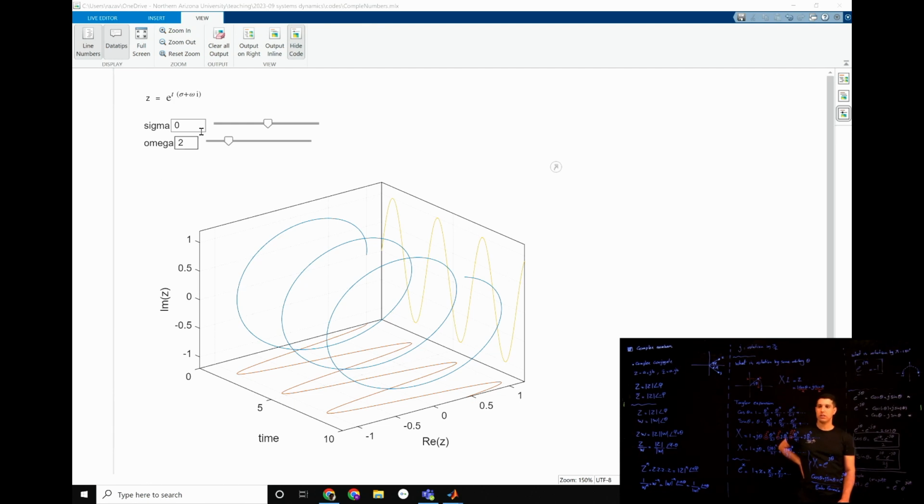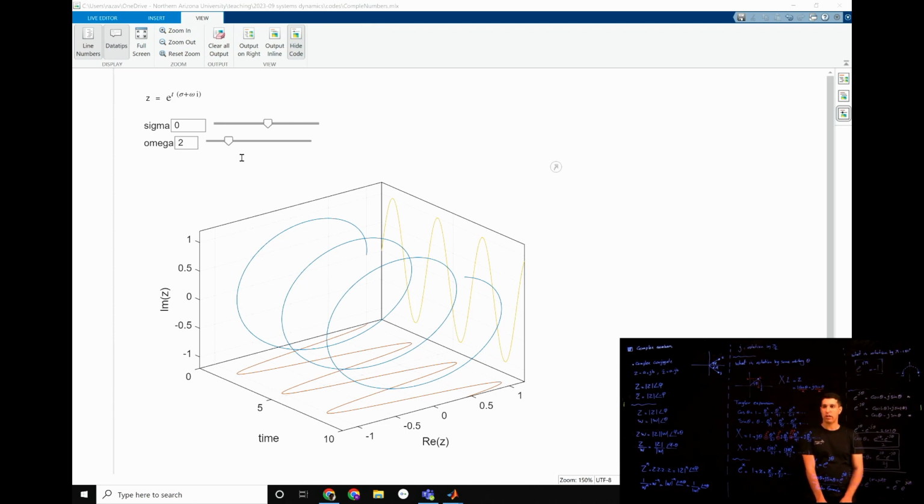So when sigma is 0, I have e to the t times omega j, and it is just a pure rotation. You see this point keeps rotating as the time progresses, because I just have e to the some angle times j. As the angle omega t increases, I have this spiral.